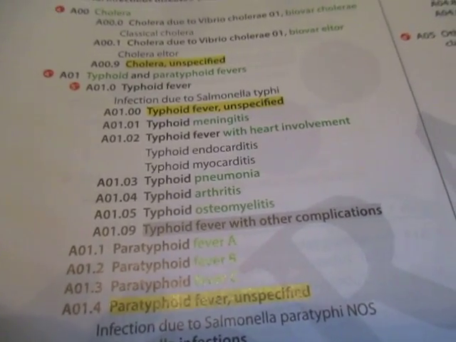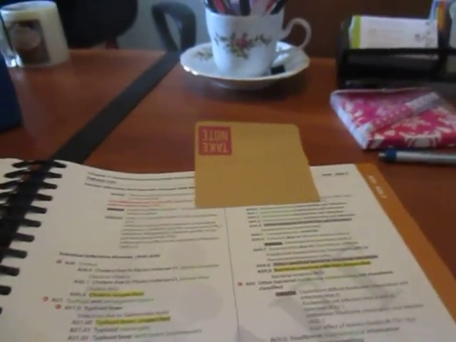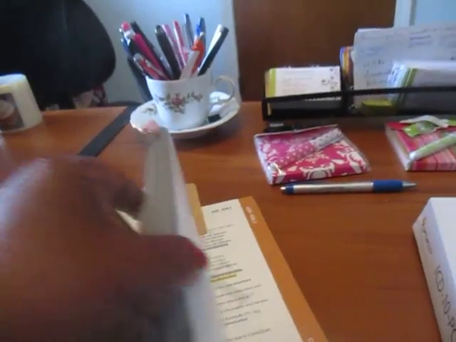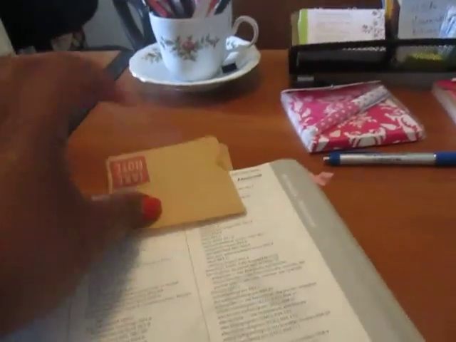But when you're trying to assign the code, you'll actually go to volume 2, which is your alphabetic index, to look up your diagnoses, whatever it could be.